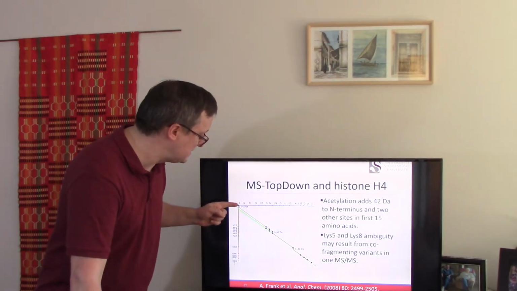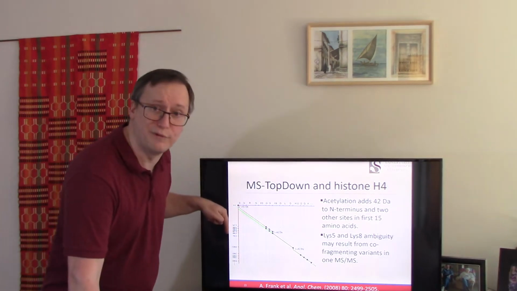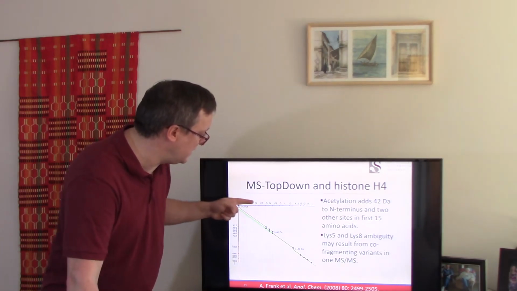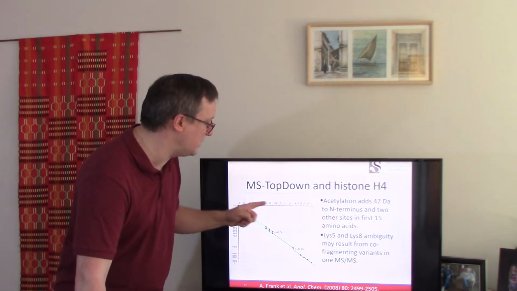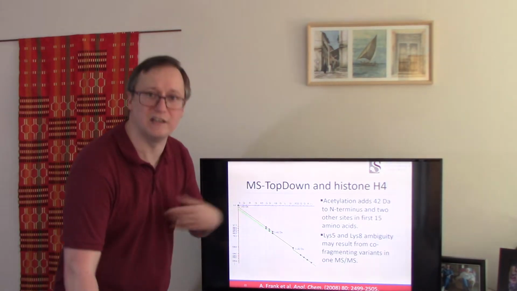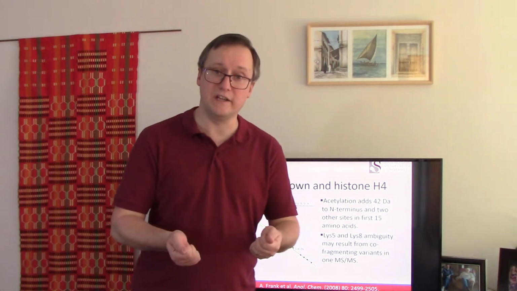So we see that this diagonal is going to rise by 42 mass units to reflect this N-terminal modification. Then it can hit the fragment ions that are observed along the way. You see that there's this ambiguity here that K5, lysine at position 5, and K8, the lysine at position 8, are each observed in methylated form.